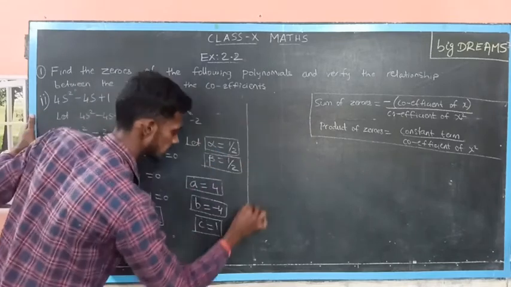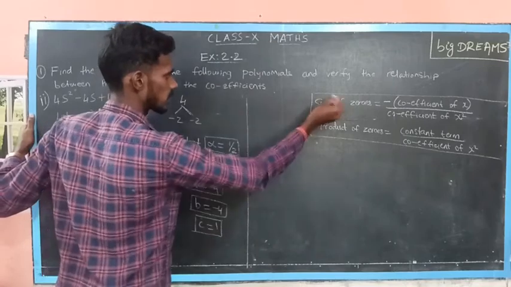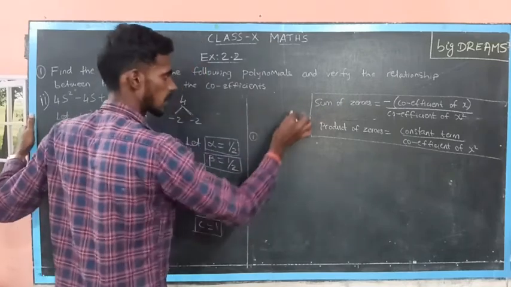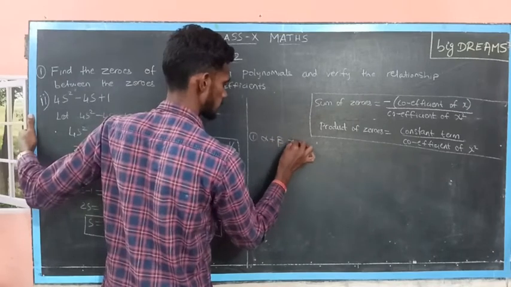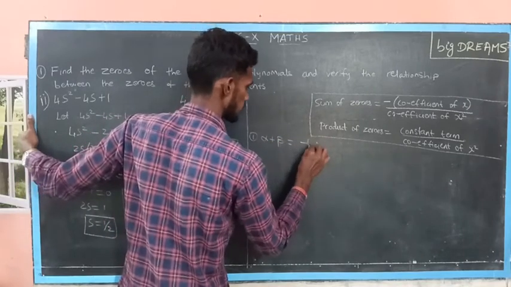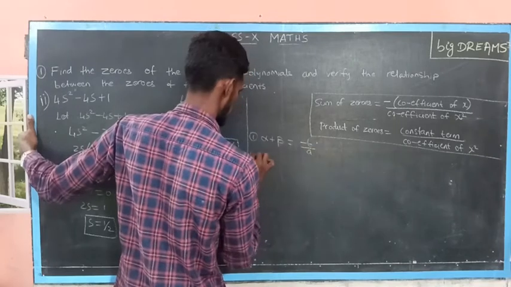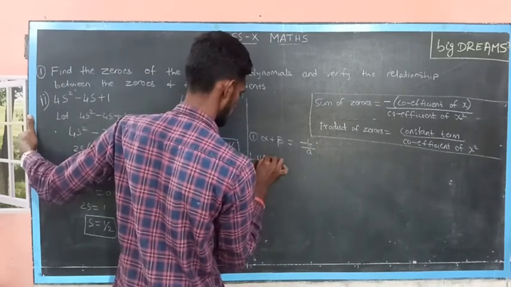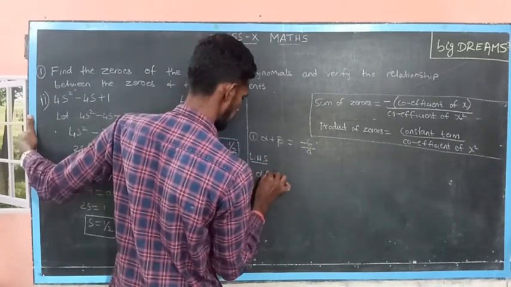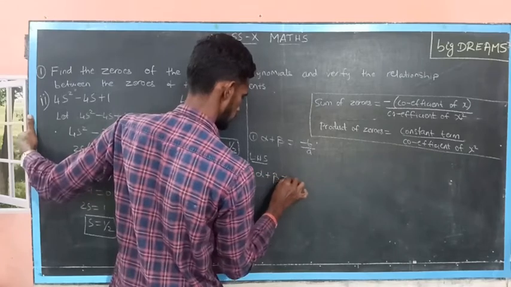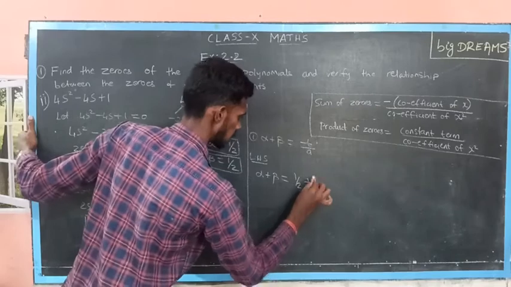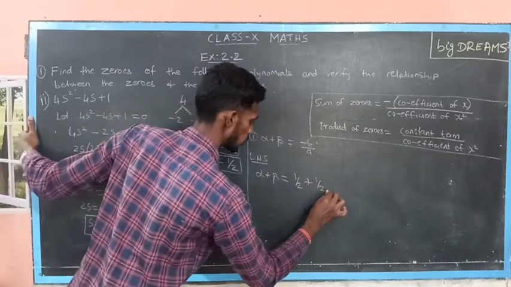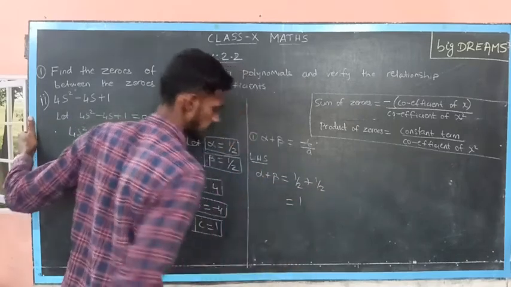Consider the first condition. Sum of zeros, that is alpha plus beta, must be equal to minus b by a. Consider the LHS, alpha plus beta. Alpha is 1 by 2, beta is also 1 by 2. So, half plus half gives 1.